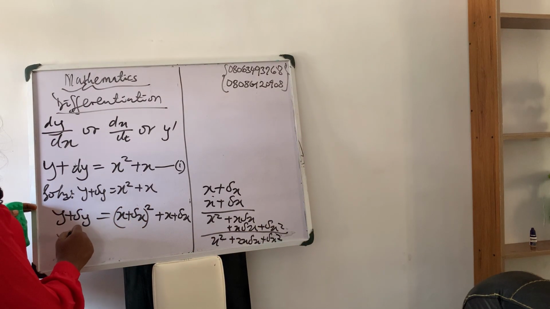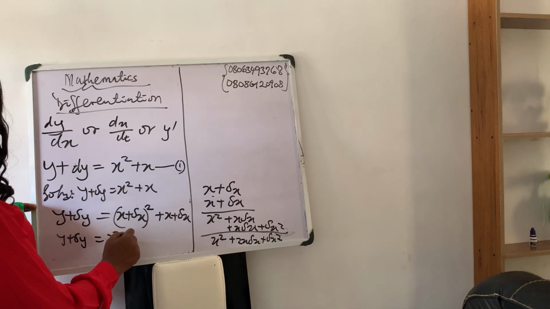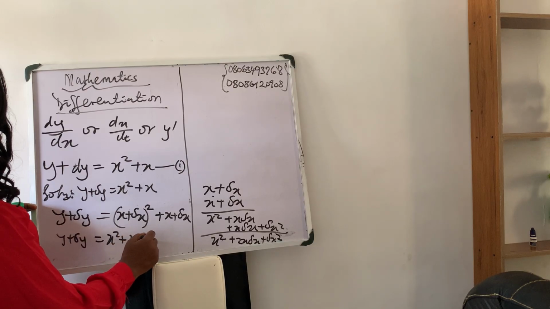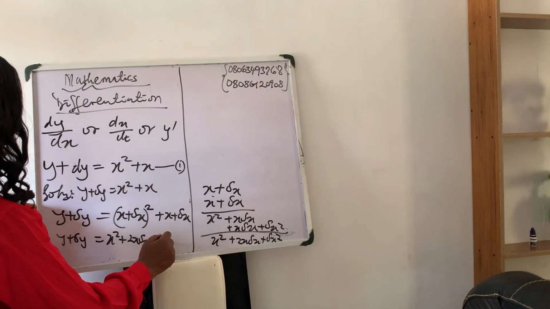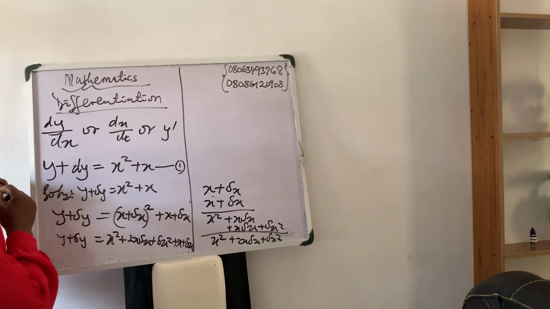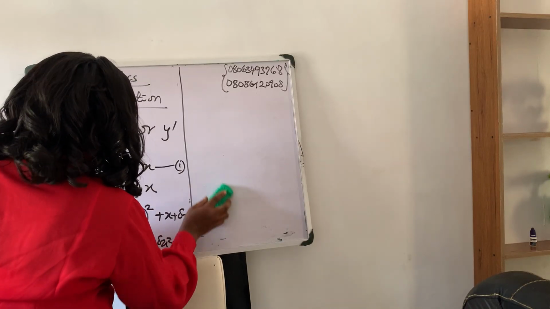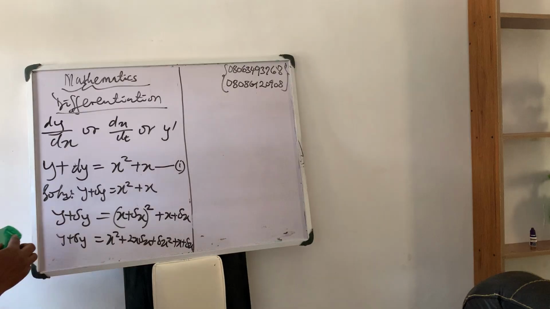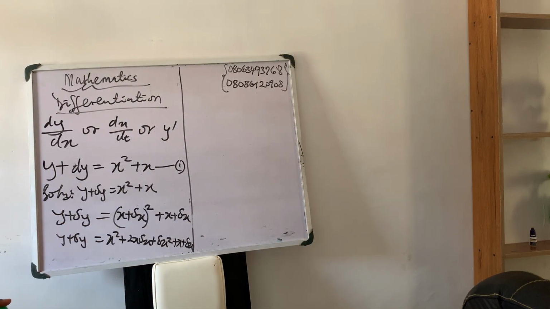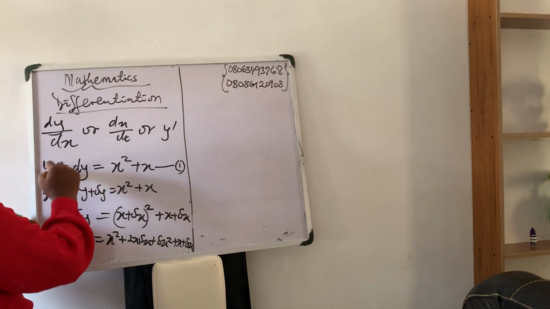Therefore, y plus dy equal to x squared plus 2x dx plus dx squared plus x plus dx. All right. If you watch closely, you can see that all that we have in equation 1 also appeared in what we have at the moment. So on that note, we're going to take them off, like this y that we have in equation 1, you take it off.